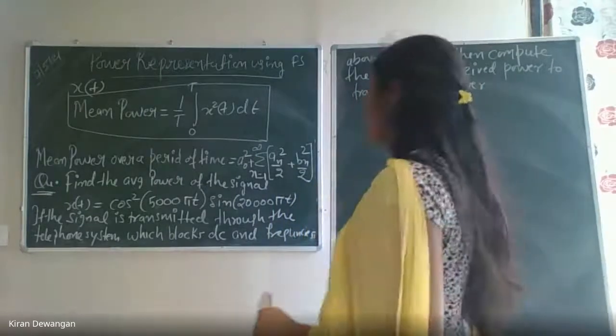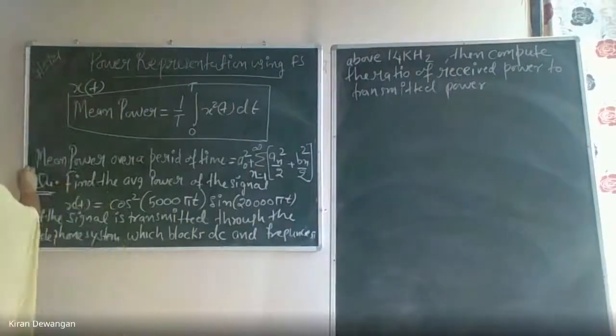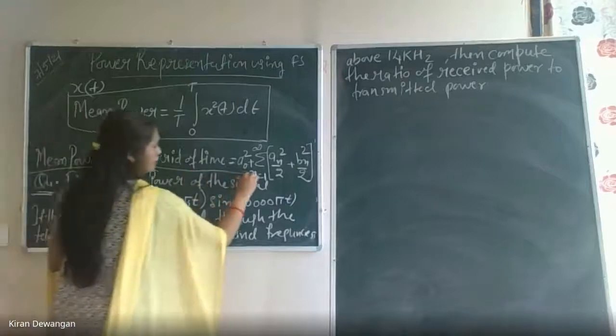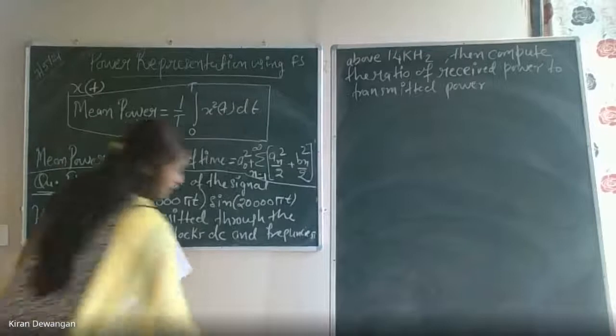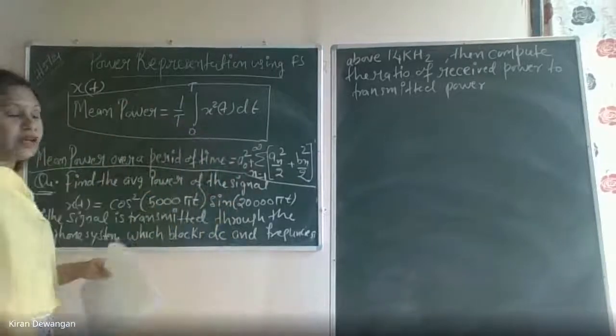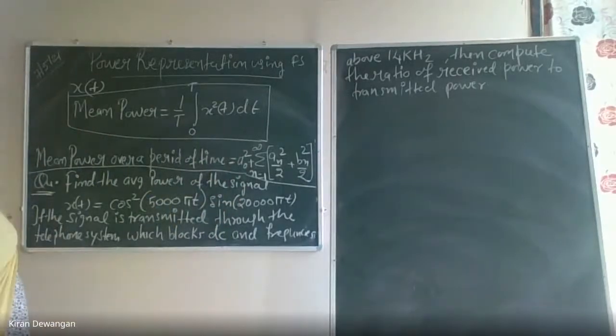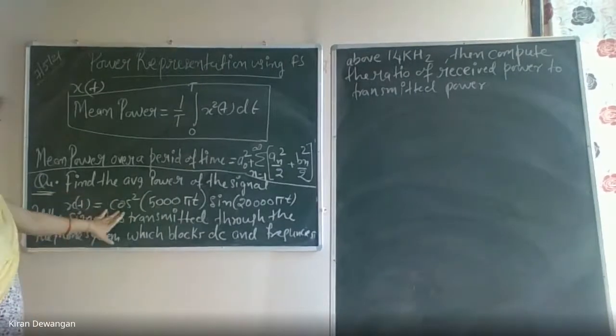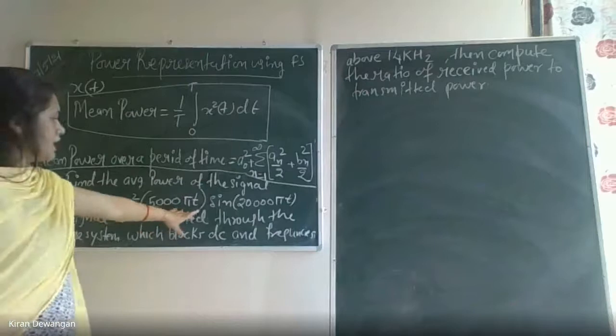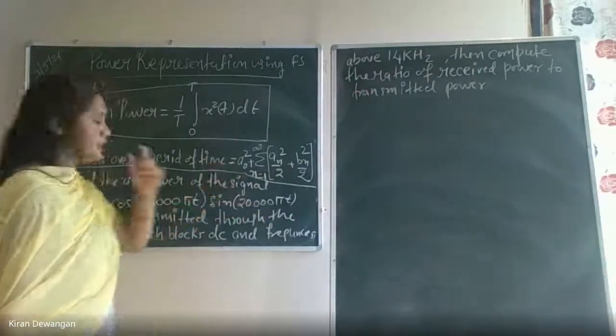Okay, now this is the question. We just need to understand the question क्या है और आपको निकालना क्या है, ठीक है? What is given is the average power of the signal, हमें निकालना है, and the signal given is cos square 5000 pi t sin of 20000 pi t. This is our signal.